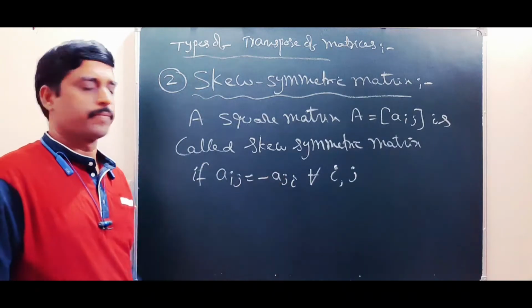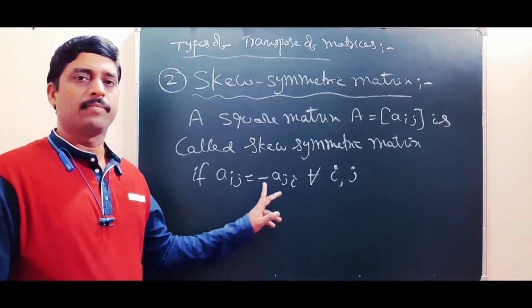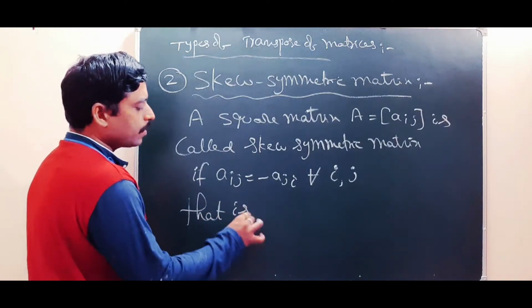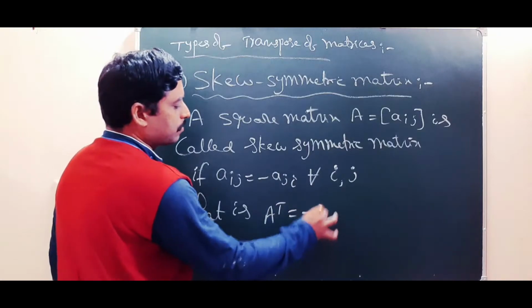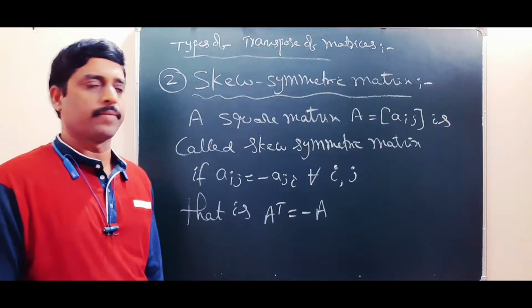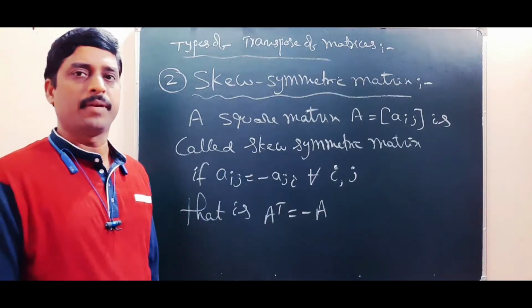The symbol means for all. So Aij equal to minus Aji, that is, A transpose equal to minus A. Transpose of A equal to minus A, then A is called a skew symmetric matrix.